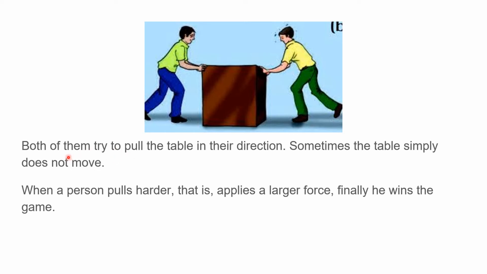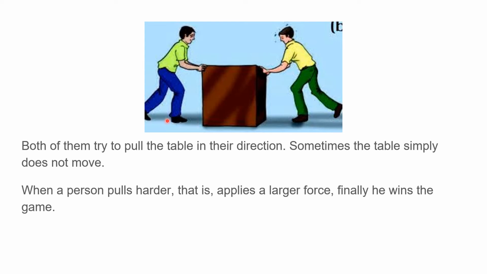So here you can see the two persons are trying to move or pull the table towards them. But what happens? The table is remaining in the same position or in the same place. And when a person pulls harder, that is applies a larger force, finally he wins the game. For example, if this particular person is going to apply more force and if he is going to pull the table harder, then the table will start moving towards him.